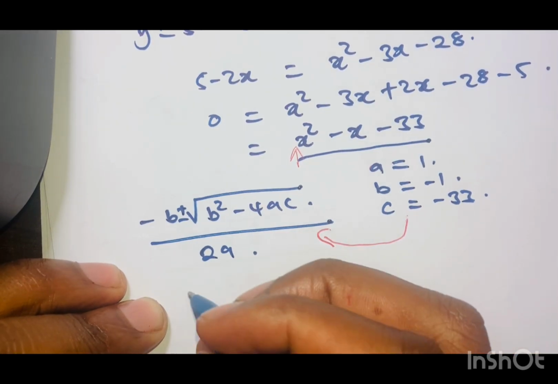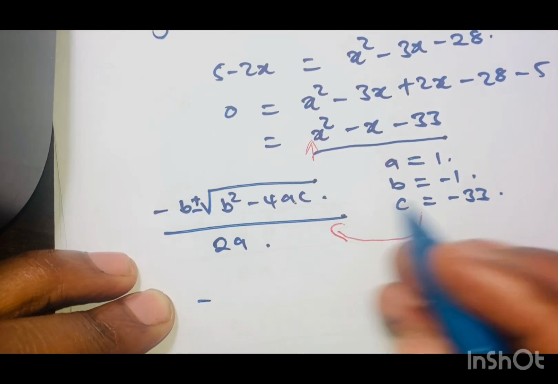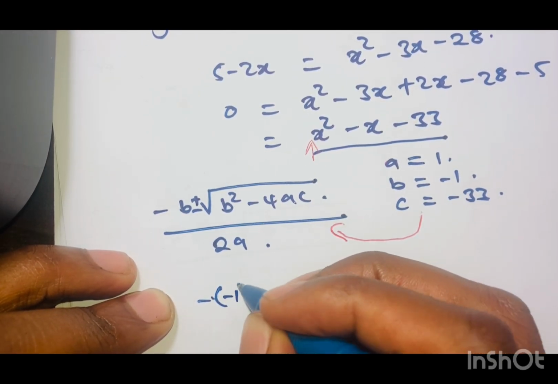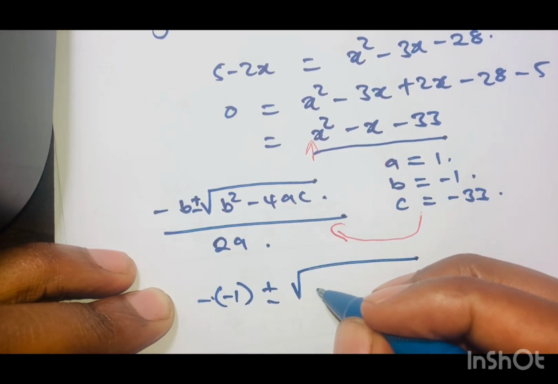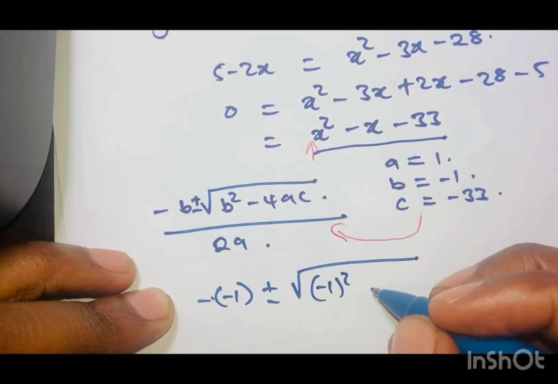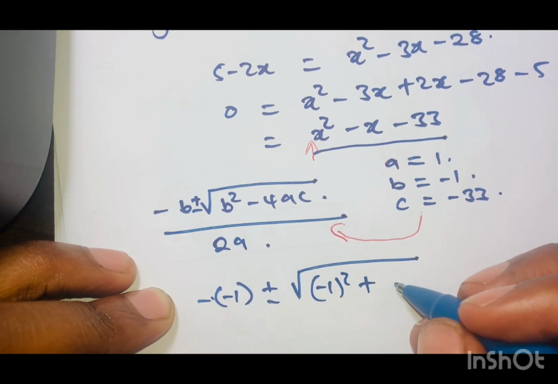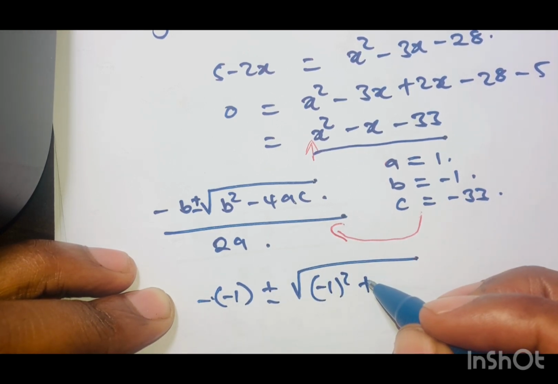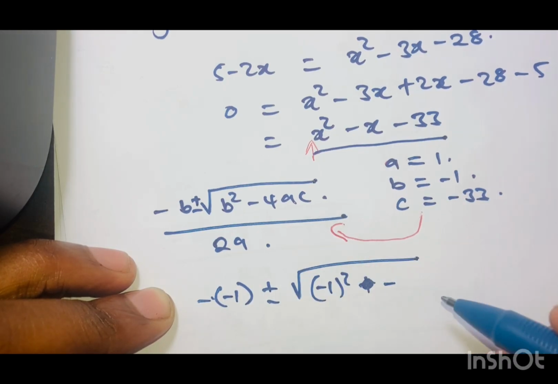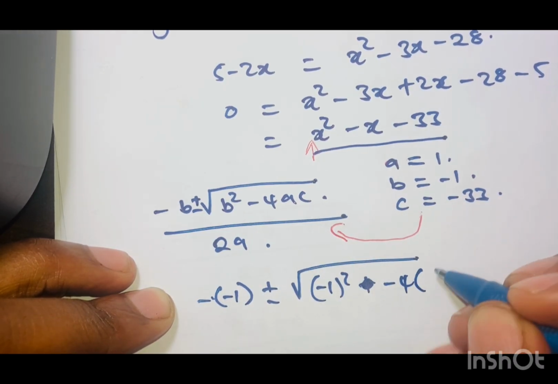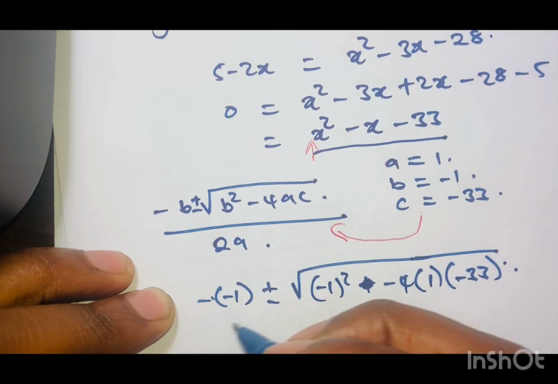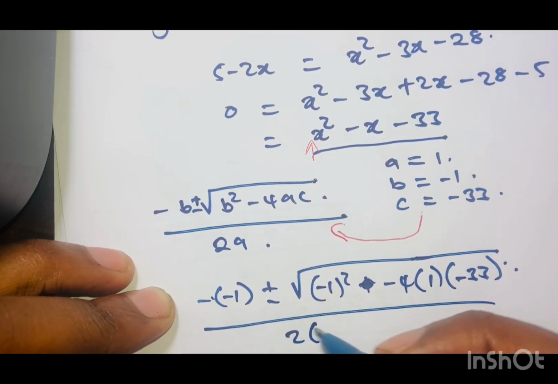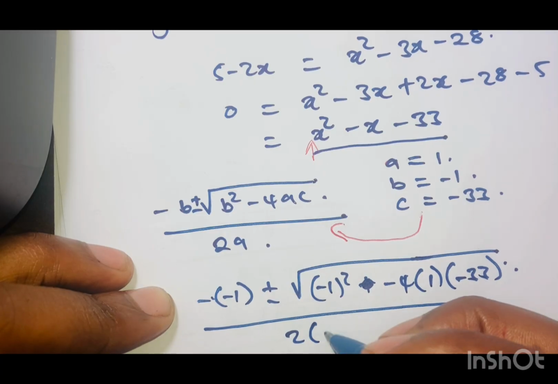Okay, so I'll get minus my value of b, which is -1, plus or minus the square root of b squared, -1 squared, minus 4a, the value of a is 1, the value of c is minus 33, all over 2a, the value of a is 1.